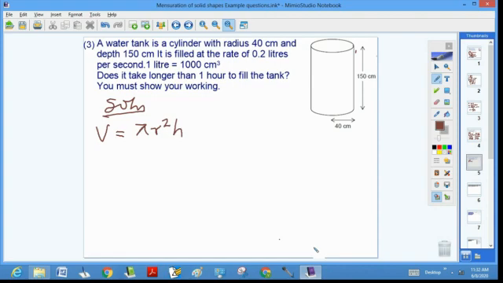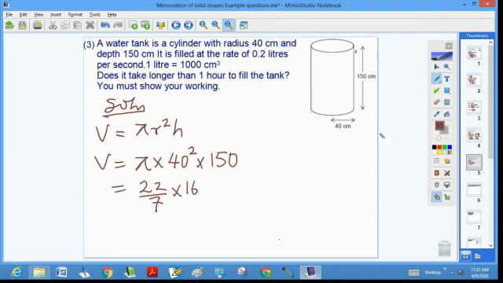So substituting the values, we have V is equal to pi times 40 square times 150, and that will give us 22/7 times 1600 times 150.